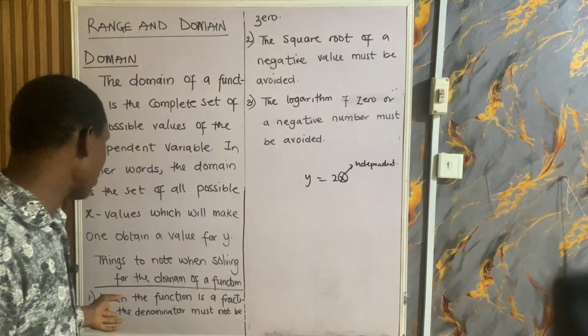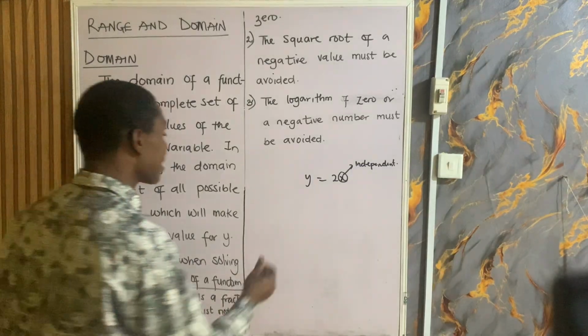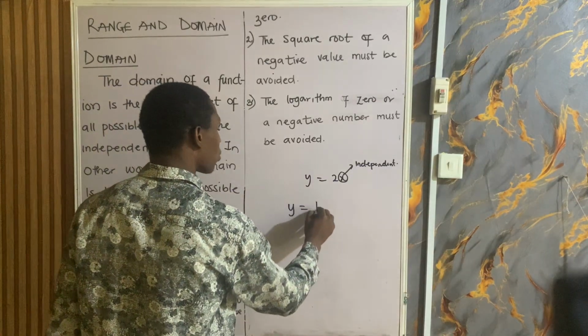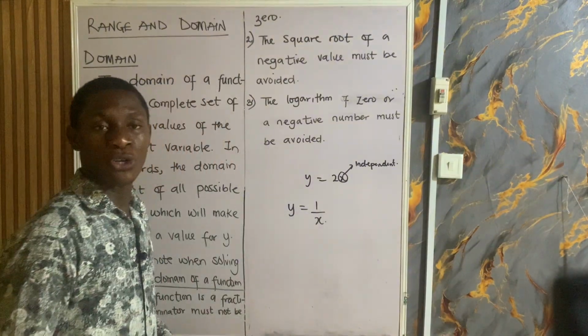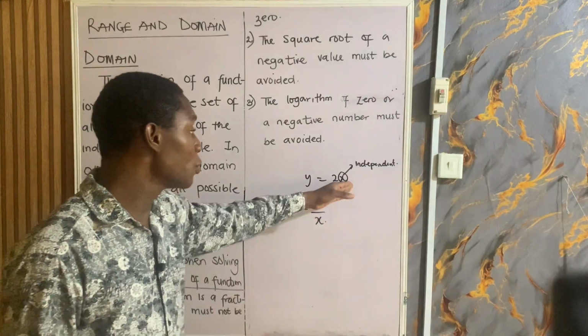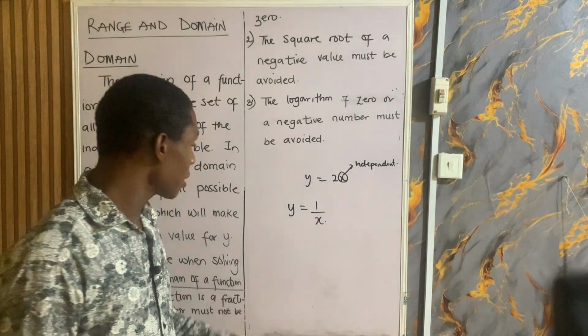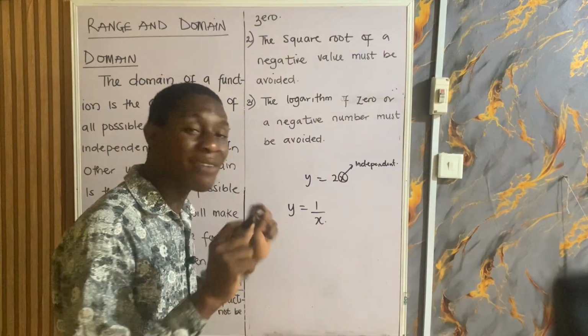Now, for the first one, it says when the function is a fraction, the denominator must not be 0. For instance, if I say y is equal to 1 over x, you need to understand that you can't just use any number you like. Here, you cannot use 0 because 1 over 0 becomes undefined, and so you wouldn't have an answer for y.